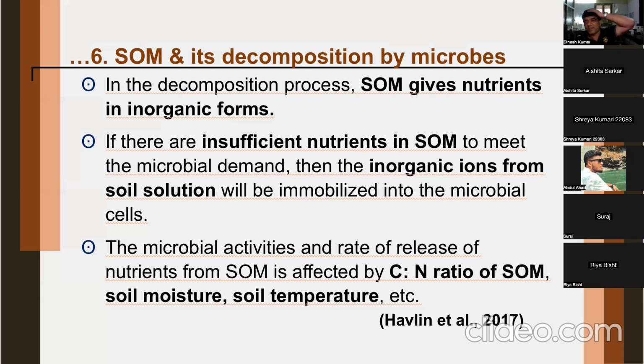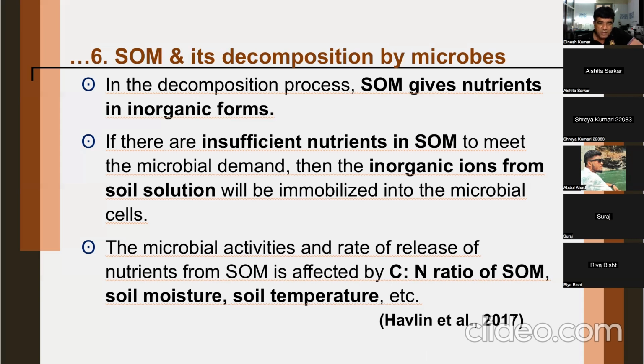So a number of factors are there. You are advised to read the chapter on soil organic matter, but if you are interested, I can teach you soil organic matter in 2 lectures in much more detail, which is also an important part. If demand comes from your side, I can do it.